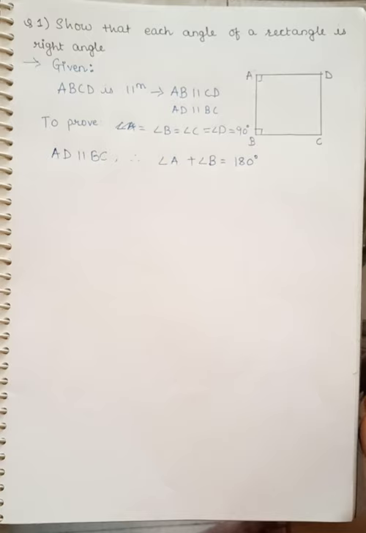So in the question they are saying that you have to prove that in a rectangle each angle is 90 degree, isn't it? Now what is the basic definition of rectangle which we have seen? Rectangle is a parallelogram in which one angle is 90 degree.